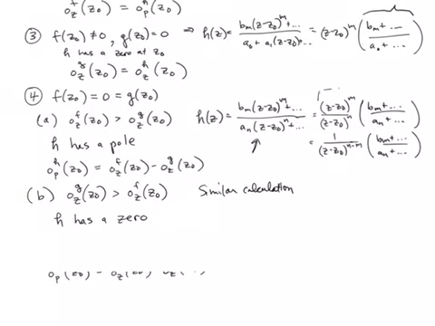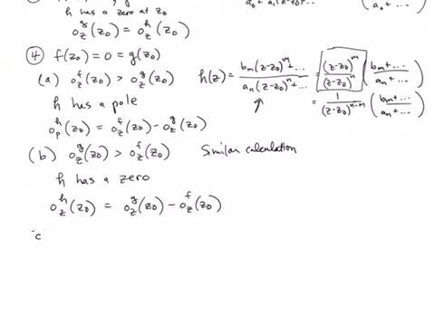So when you do (z minus z0) to the m over (z minus z0) to the n, m minus n is the integer now. So that's going to give you a 0. h has a 0, and the order for that 0 of h at z0 is equal to m minus n, and that's the order of the 0 for g at z0 minus the order of the 0 for f at z0.